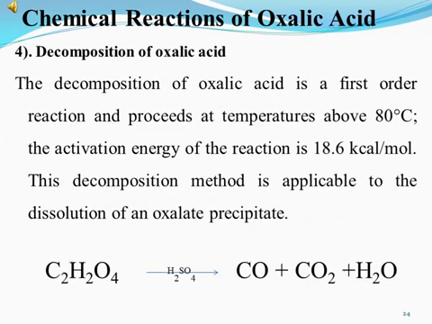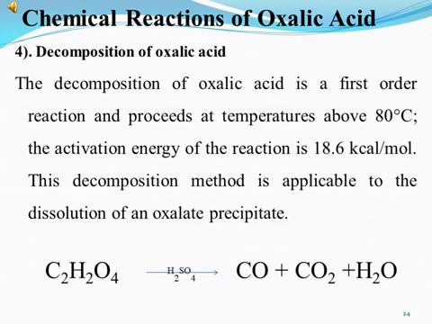It is a monoclinic prism, with particle size varying from fine powder to coarse granules, which are also colorless. Melting point is 187 degrees centigrade for the anhydrous form and 101.5 Celsius for the dihydrate form.